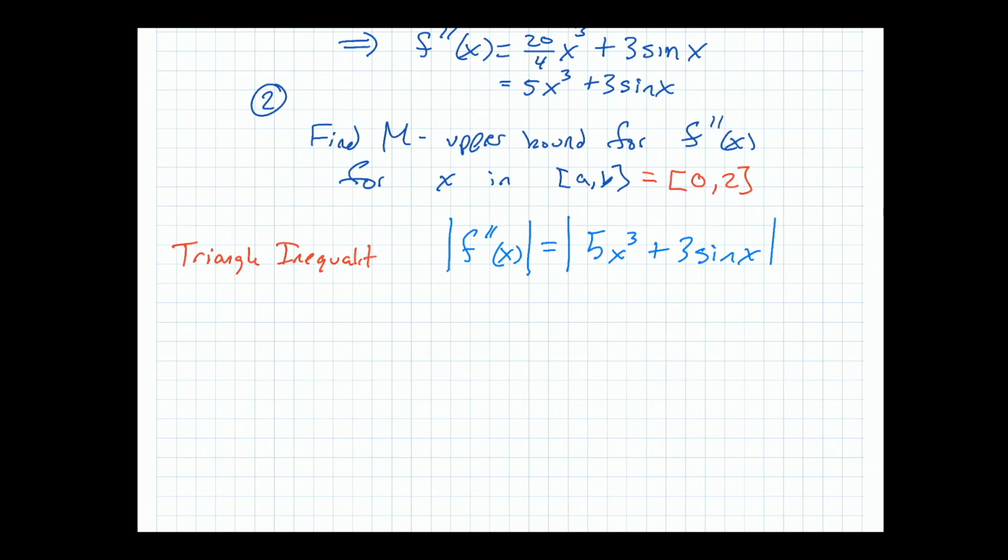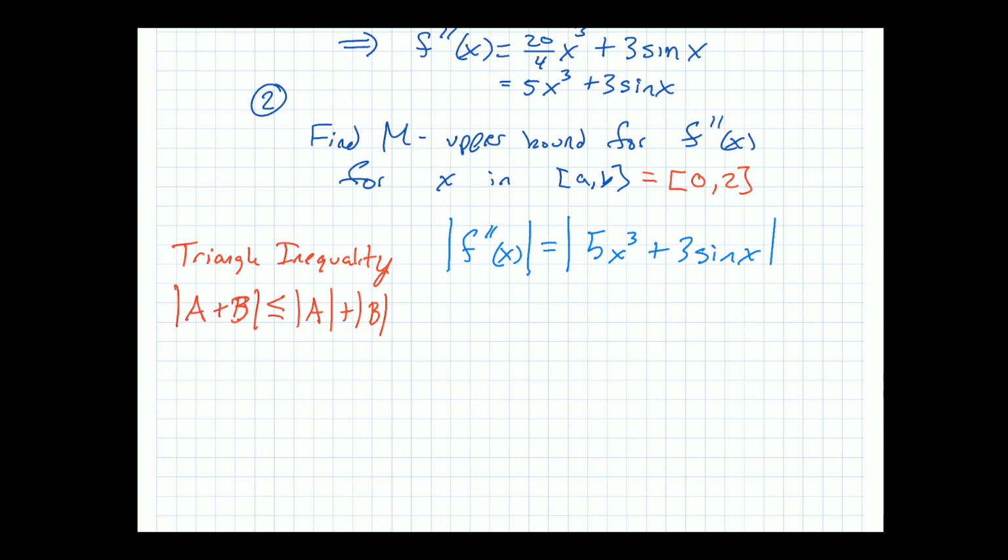It's very important in math, but you guys probably haven't even seen it before. You will if you keep going in math. So the absolute value of a plus b is always less than or equal to absolute value a plus absolute value b. That's what it is.